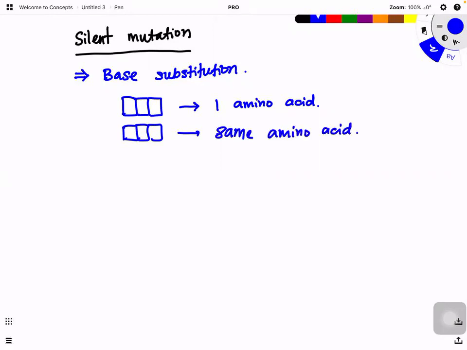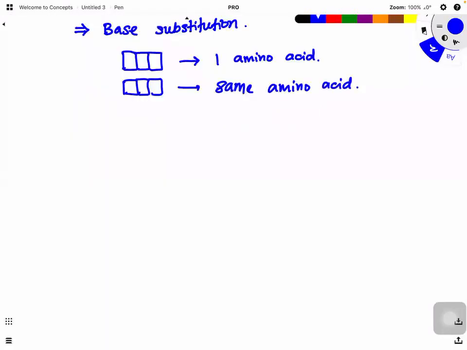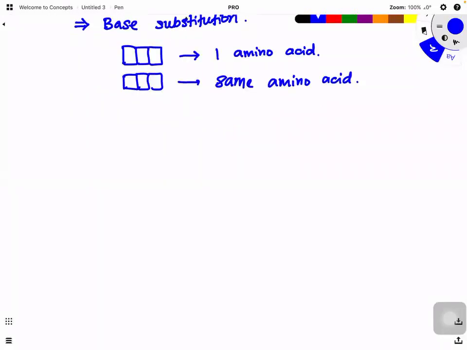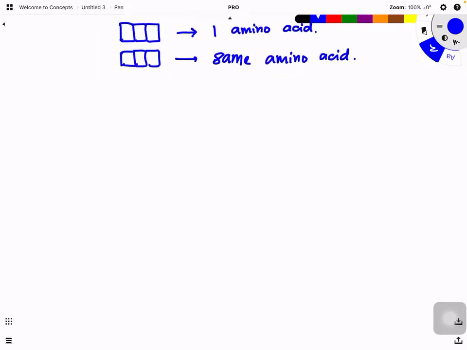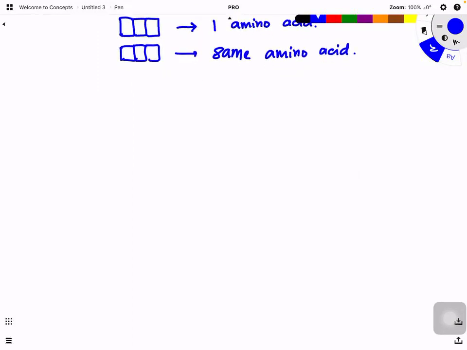So when base substitution takes place, for example, let's say a DNA triplet code, you don't need to remember it. Let's say TCT. This DNA triplet code is for serine. And DNA mutation takes place.